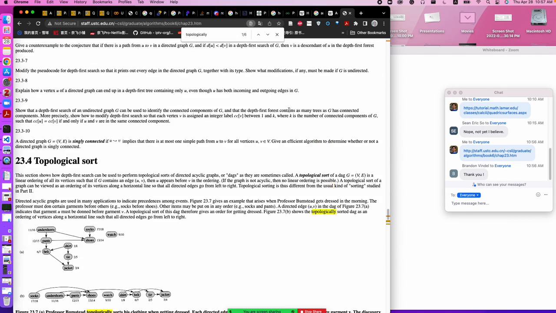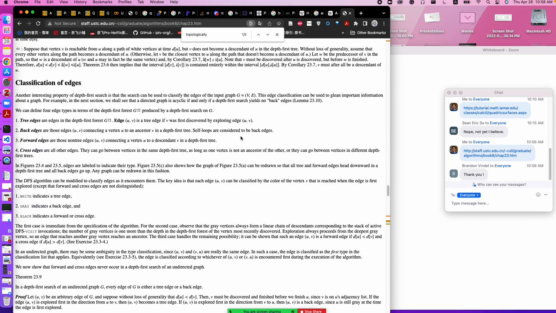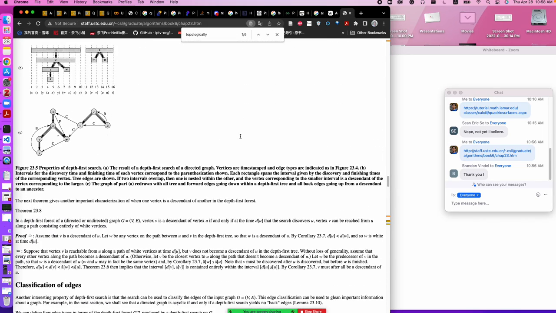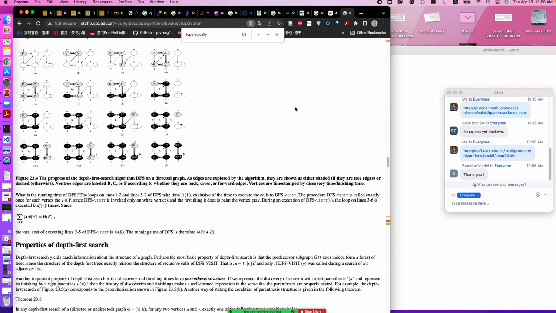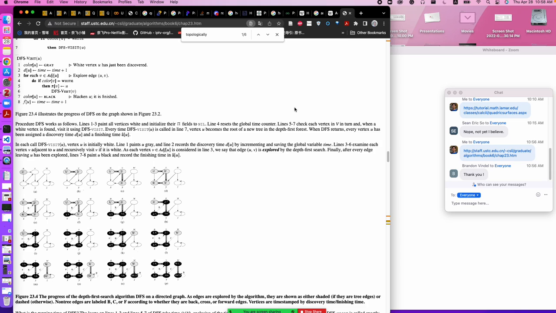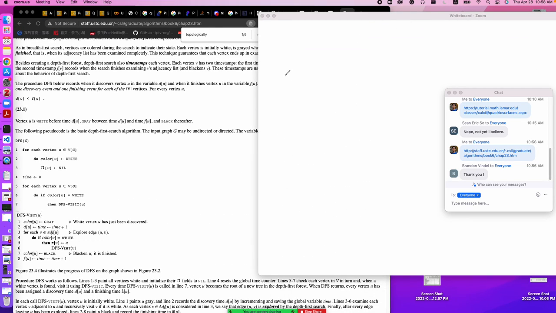What is a tree? A tree is something you generate after you traverse a graph. But how do we traverse a graph? By using DFS or BFS.